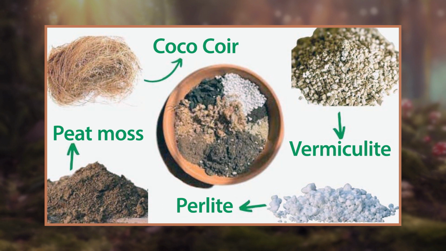Selecting appropriate casing materials such as peat moss, coco coir, and vermiculite, and preparing them with proper sterilization and pH adjustment significantly enhances mushroom yield and quality. Understanding the specific needs of different mushroom species and adapting the casing techniques accordingly can maximize production efficiency.